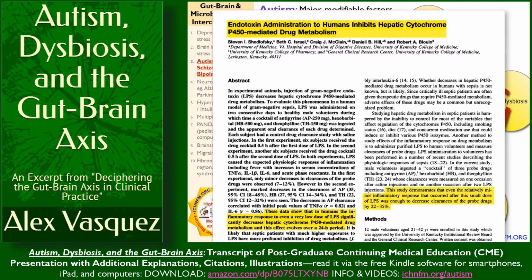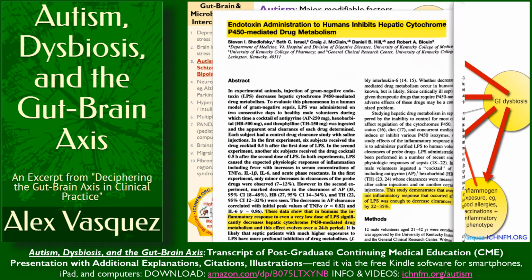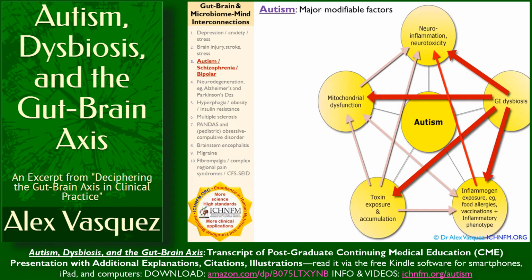Inhibition of that pathway would be expected to result in accumulation of xenobiotics that cannot be efficiently cleared. Those xenobiotics, of course, have neurotoxic effects as well as mitochondrial impairing effects.